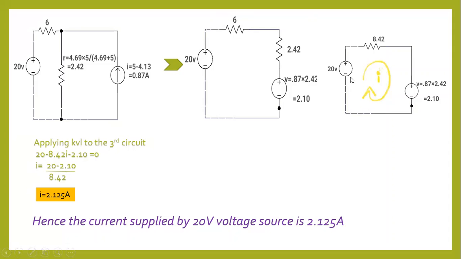Minus to plus is plus 20, minus 8.42 I, minus 2.10 is equal to 0. Hence I is equal to 2.125 amps. So the current supplied by the 20 volt source is 2.125 amps. This is the third problem.